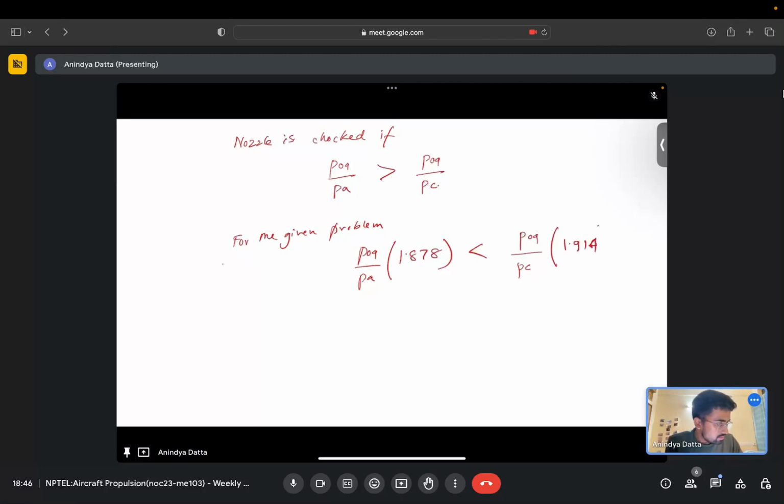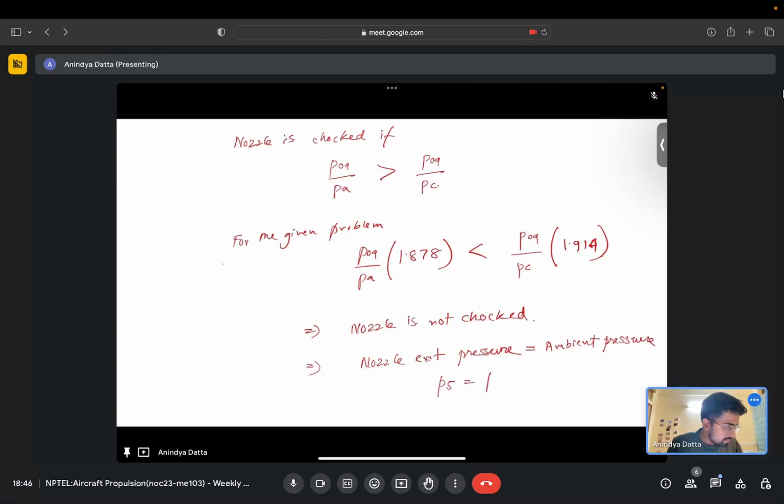Okay, which indicates that the nozzle is not choked. So if the nozzle is not choked, the nozzle exit pressure is equal to the ambient pressure, which means that P5 is equal to PA.